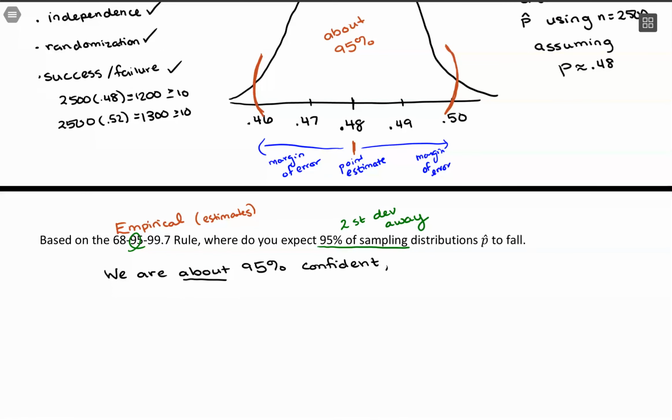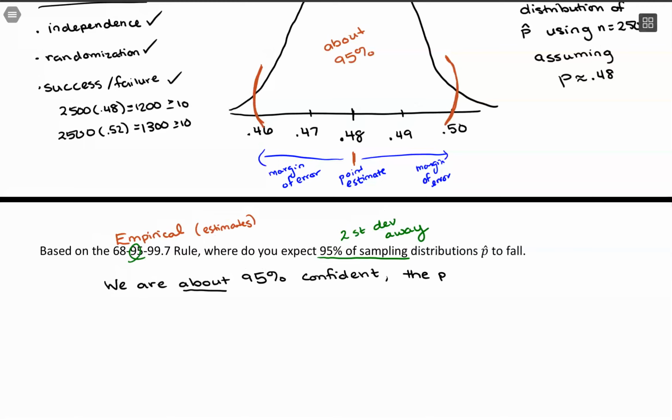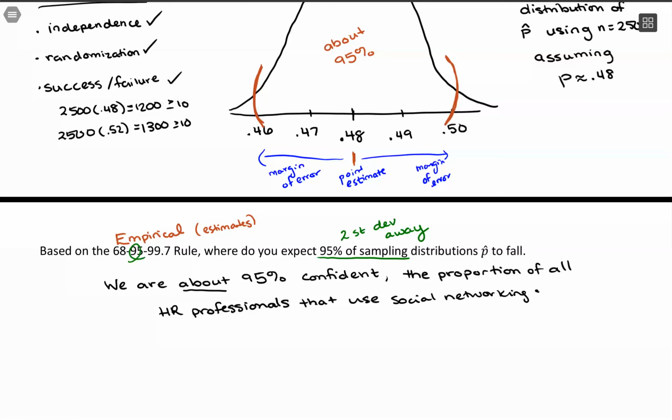So we're about 95% confident that, and I'm going to put this in terms of our population, the proportion of all HR professionals that use social networking sites to research job applicants, which I know is a long sentence, is between, and here's our interval, where we have this lower bound of 46% and upper bound of 50%.